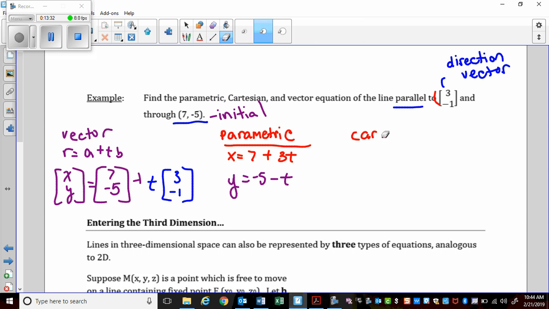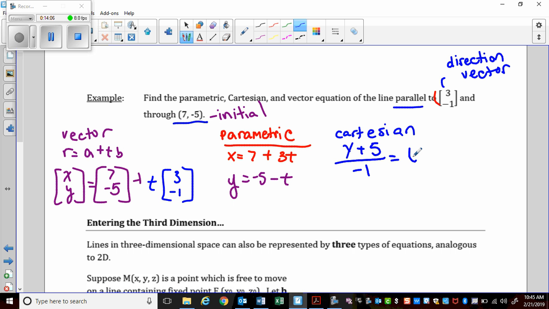Now let's do our Cartesian. We have to solve for t in both. I think it would be easier to solve for t in the y and then plug it into the x. So we have y, and then we're going to add the 5 to move it over and divide by -1. So y plus 5 all over -1 is equal to t.